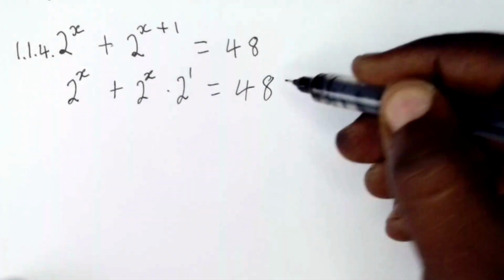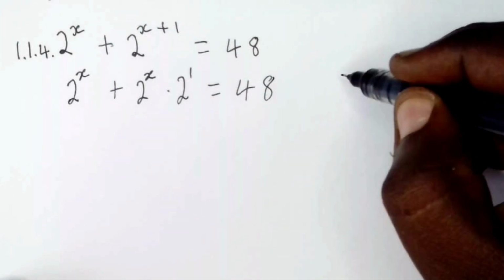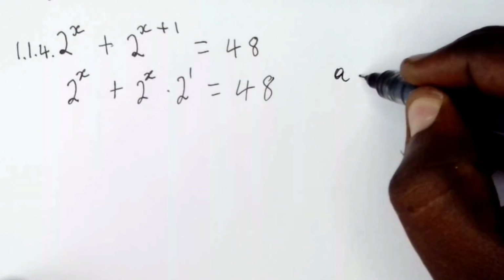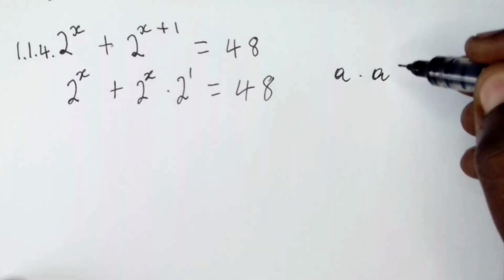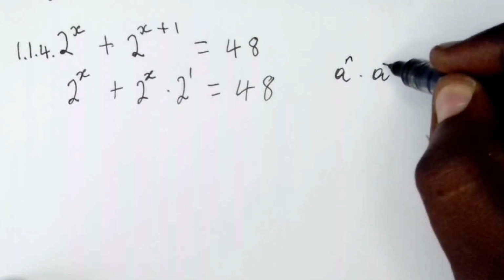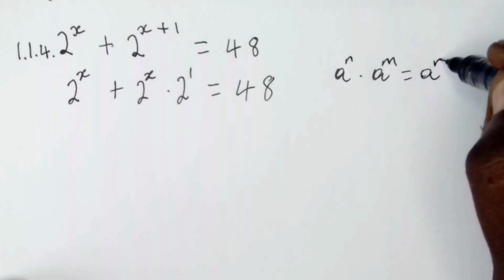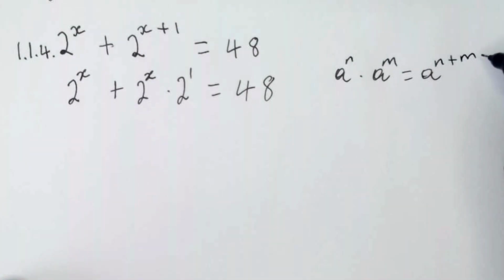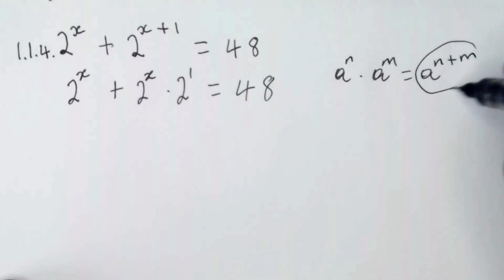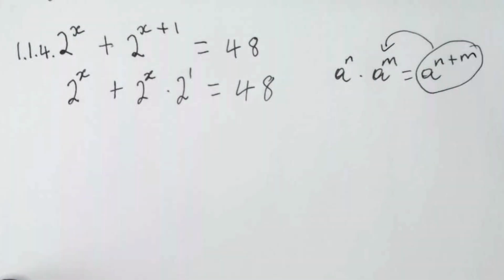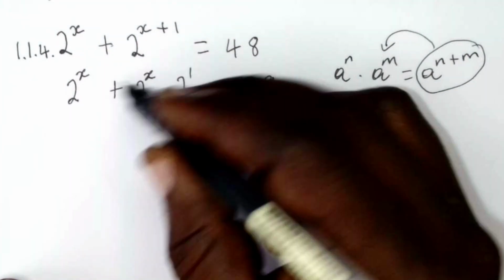Don't worry, I will let you know now. Do you remember the rule that says when you multiply two same bases, the exponents will add? Okay, take it as one, exponents will add. So like we are given this, now we are taking back to this, right?